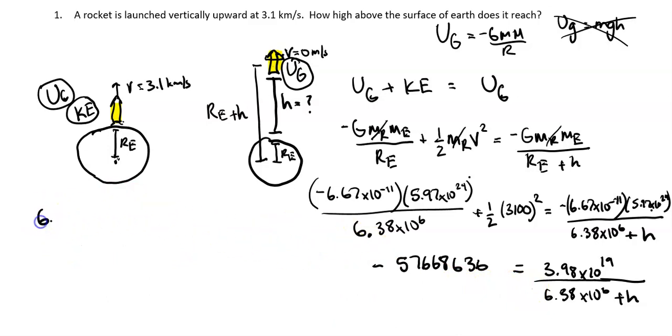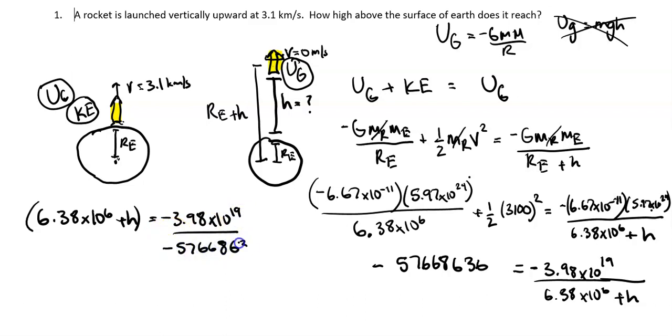So I can multiply both sides by 6.38 times 10 to the 6 plus H to get that to simplify, and then divide both sides by, oops, sorry, I forgot a negative right there. Added that negative. And then divide both sides by negative 5.766 8636.